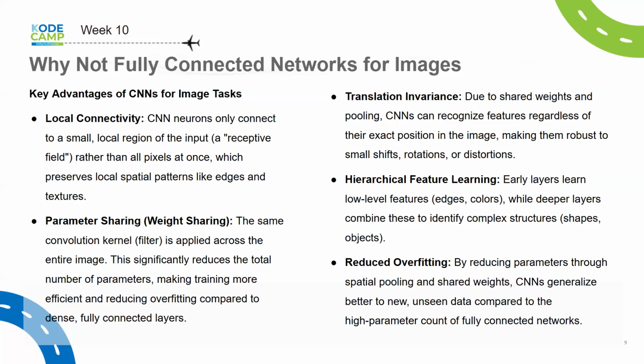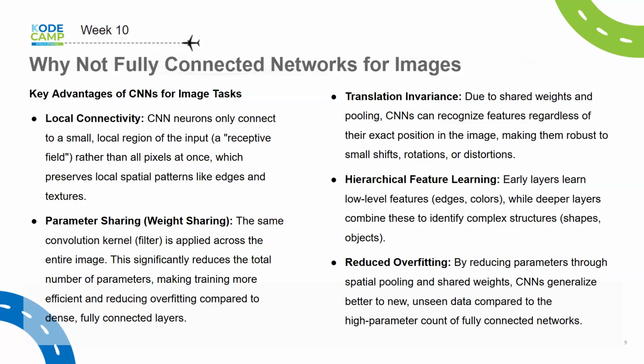So it significantly reduces the total number of parameters. Therefore, the training is more efficient and it reduces overfitting compared to the dense, fully connected layers that we talked about. Then there is translation invariance, or space invariance.